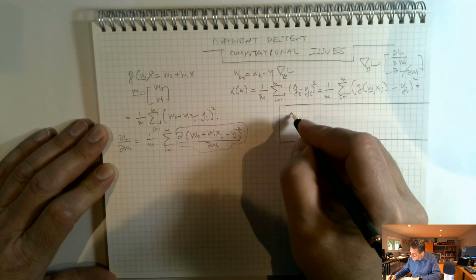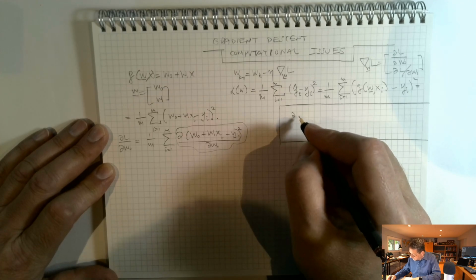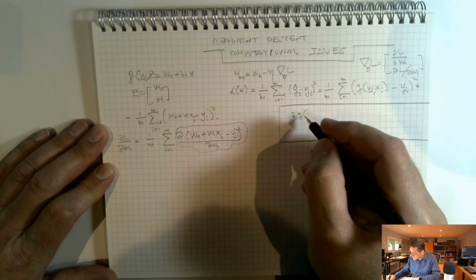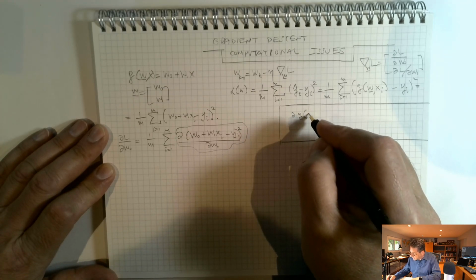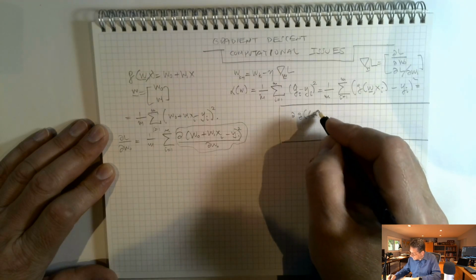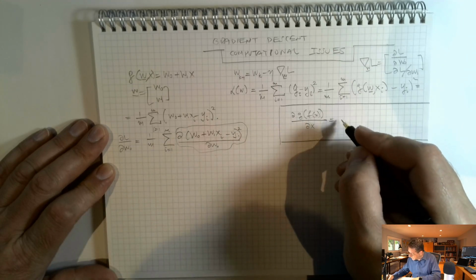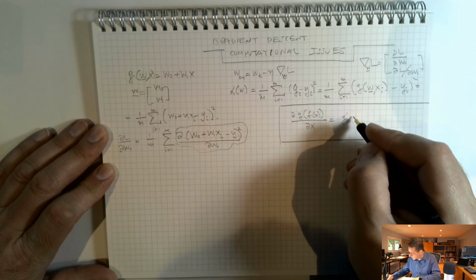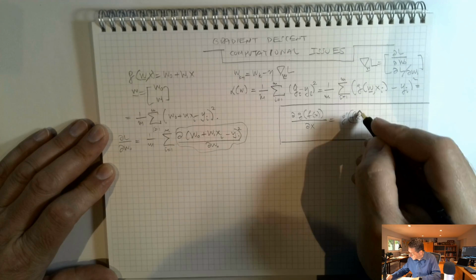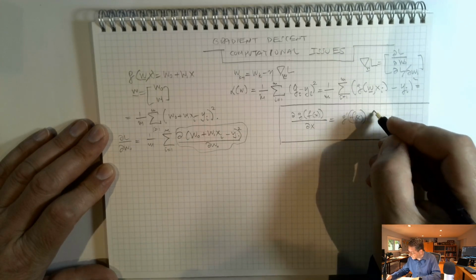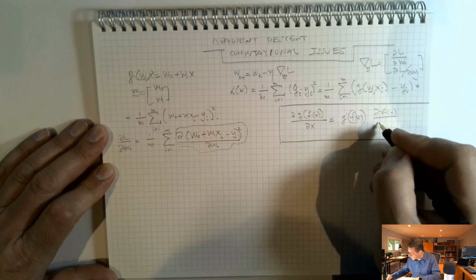This identity reads that the partial derivative of a composite function, in other words, a function g that has as argument another function f of x, with respect to x, is g prime of f of x times the partial derivative of f of x with respect to x.